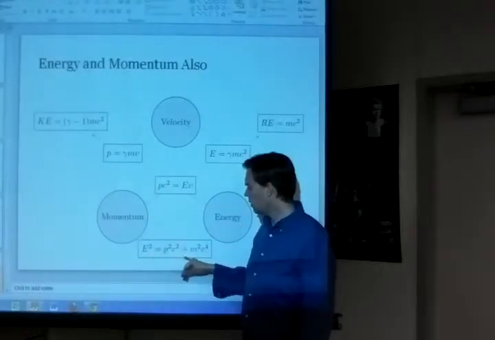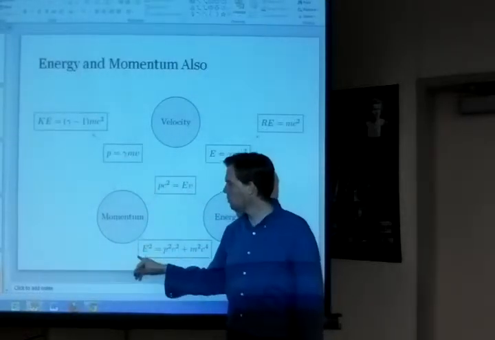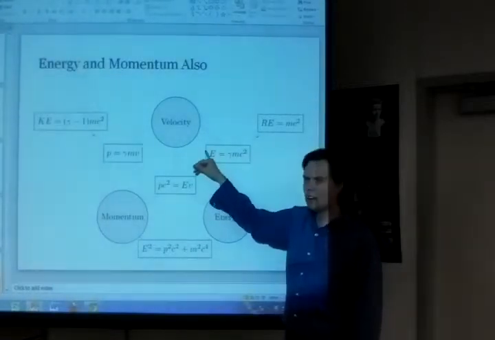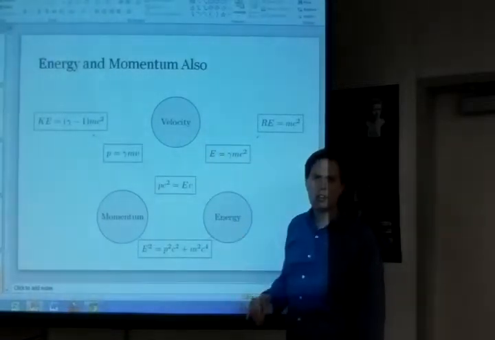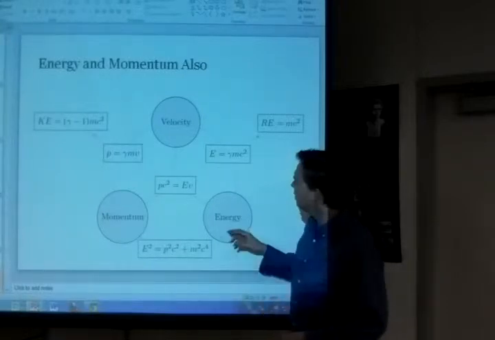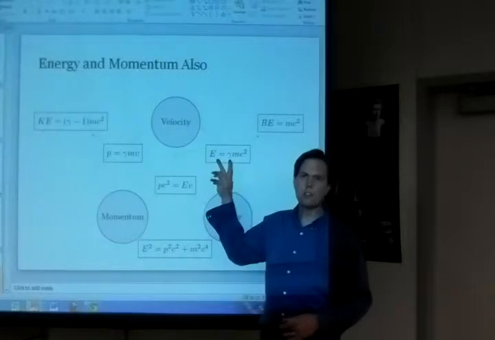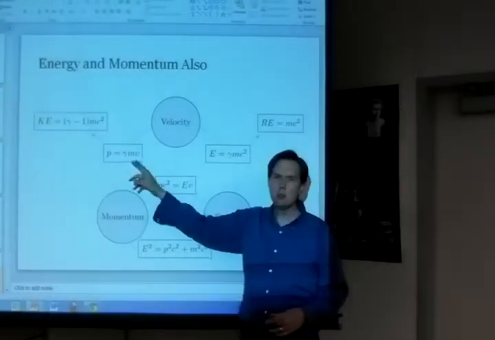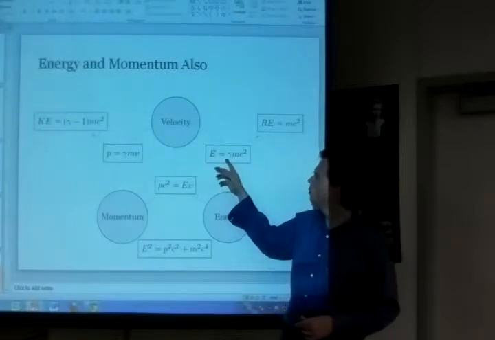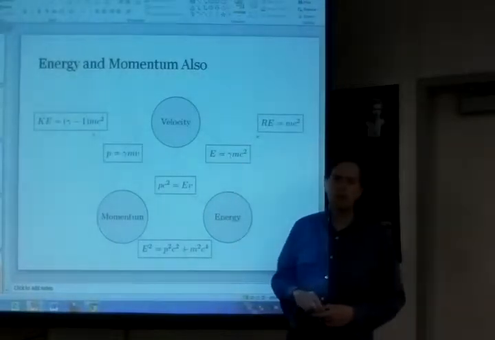But what Einstein recognized is that that combination here is actually a type of energy. It's got the same units as energy. Basically, this motivates not only redefining momentum, but redefining energy as well. And here we've got gamma mc squared.